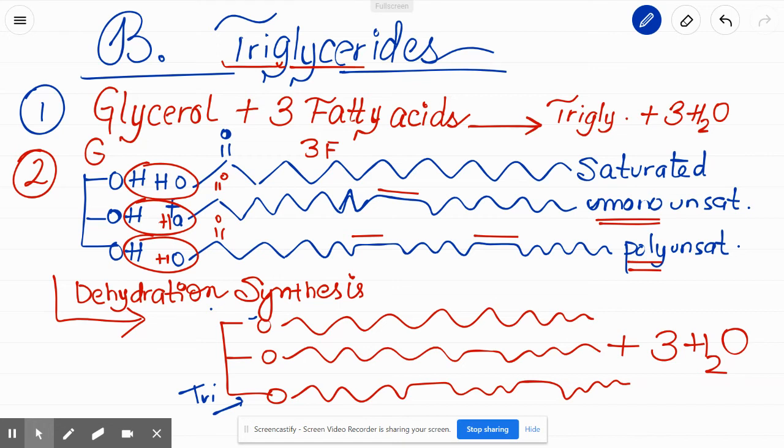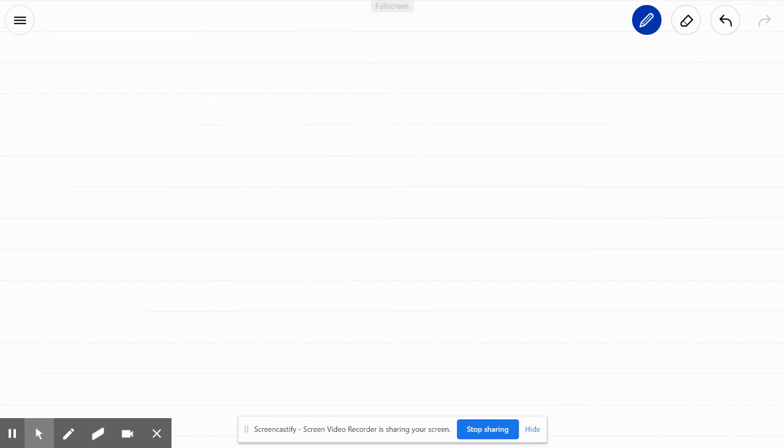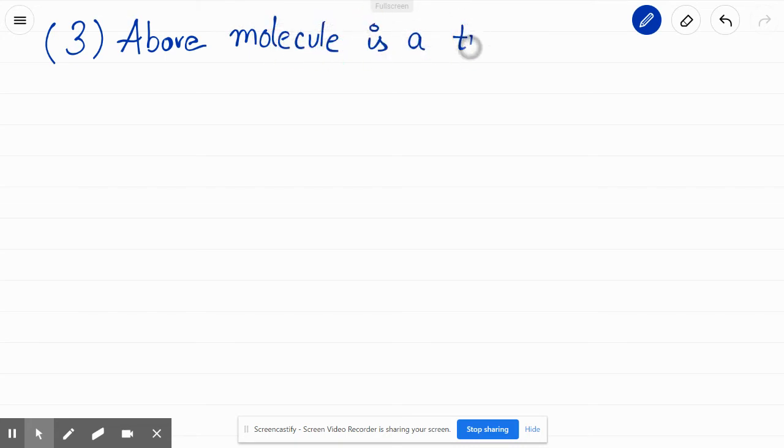All right, next slide, we will continue with this concept, triglyceride, and look at more features of triglycerides. Point number 3 about triglycerides, that the above molecule that I had the arrow on is a triglyceride.